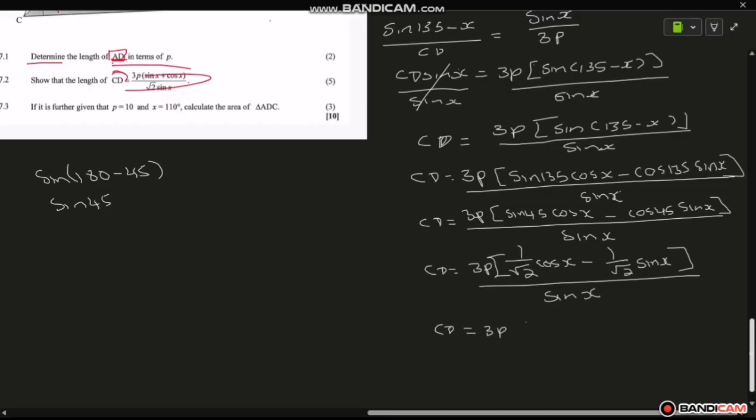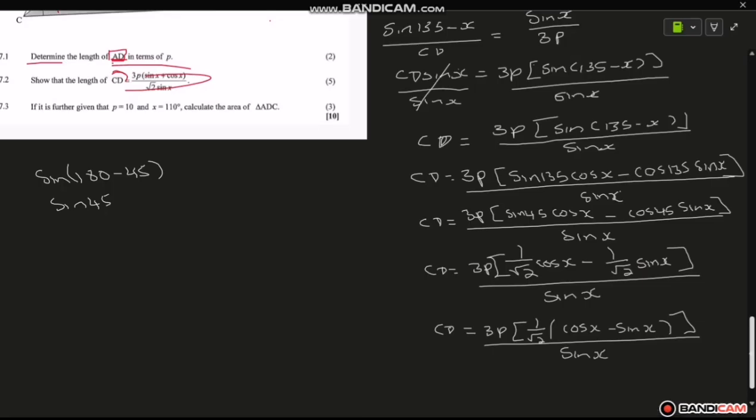Therefore CD equals 3p, open bracket, 1 over root 2, cos x minus sine x. So 1 over root 2 is what? It is a common factor. This is our CD, but we do have to simplify it further.